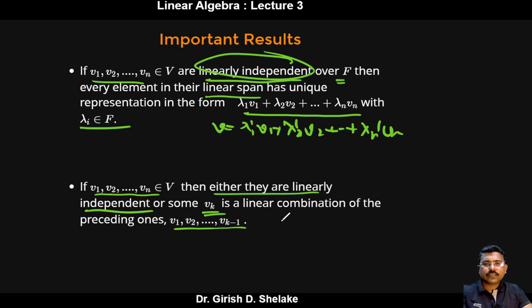This result is quite simple to prove, because if the set is linearly dependent, then obviously if we consider the linear combination equal to 0, some scalars must be non-zero. Try to find the largest k such that the scalar is non-zero, and obviously that vk can always be expressed as a linear combination of the preceding ones.